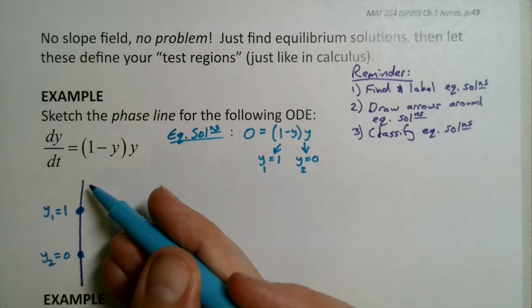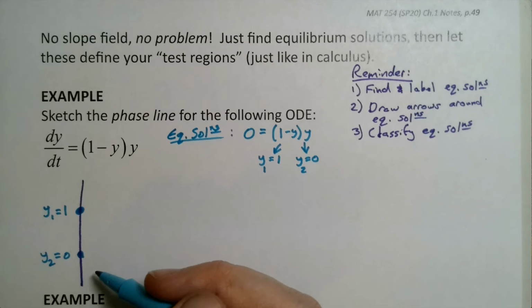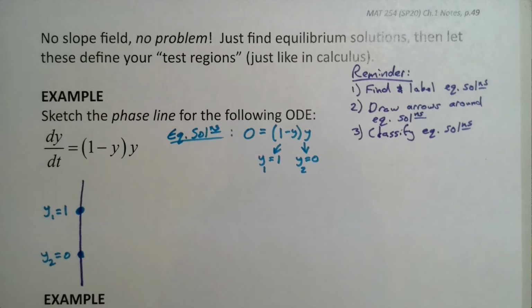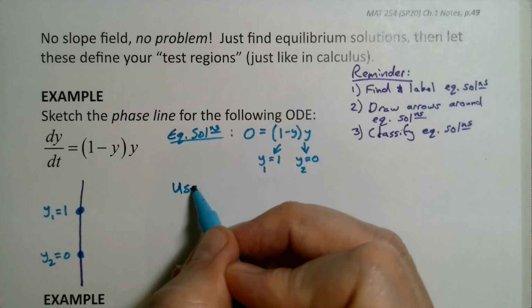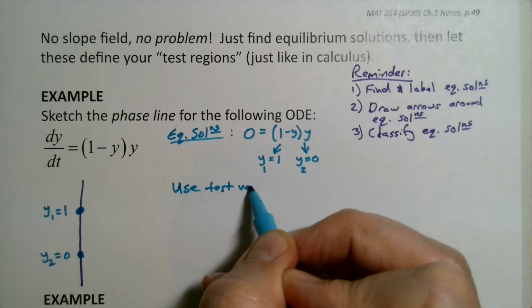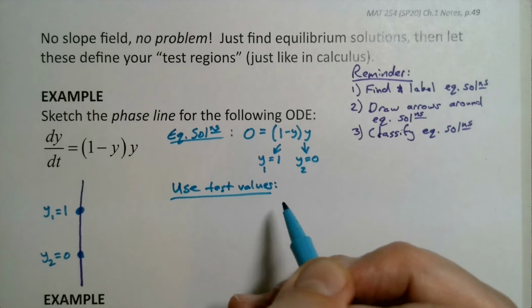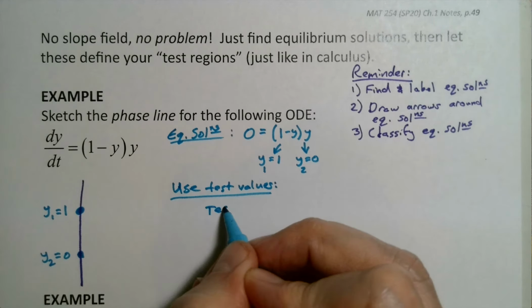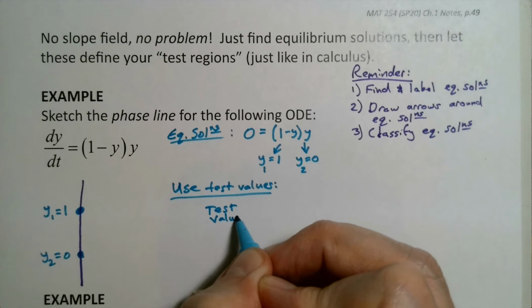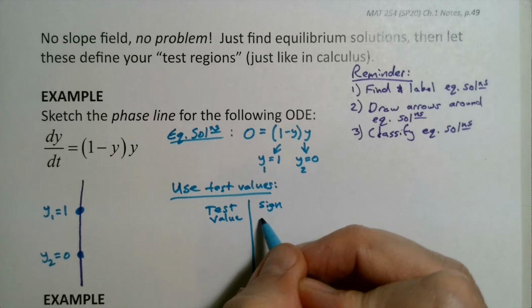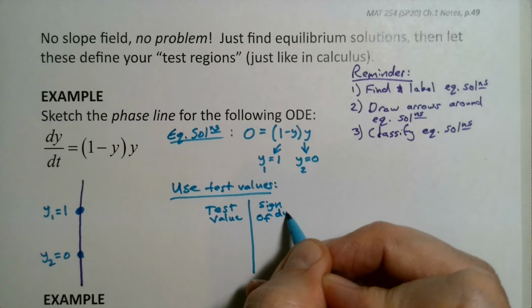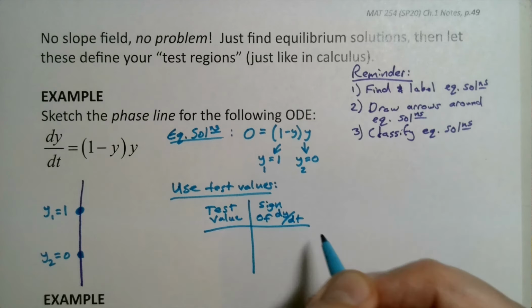Now the only question is, what direction do I draw arrows in those three spots? So I have to set up a little bit of a test interval. So use test values. In order to do that, I'm going to say what my test value is and what the sign of dy/dt would be.